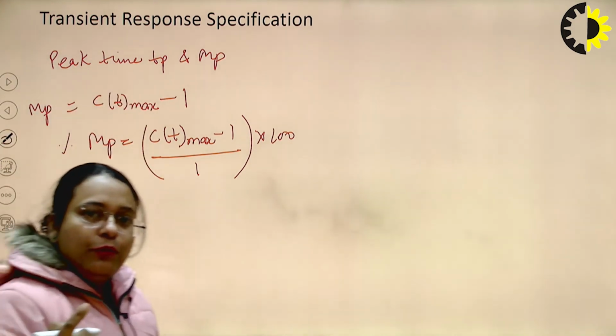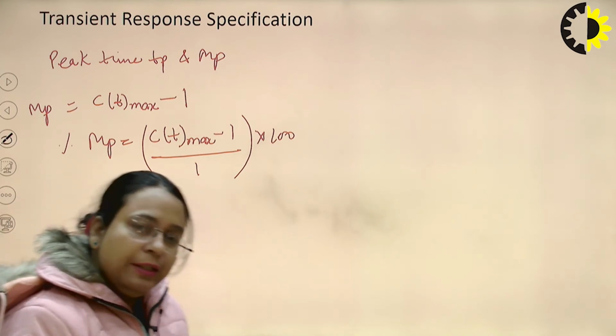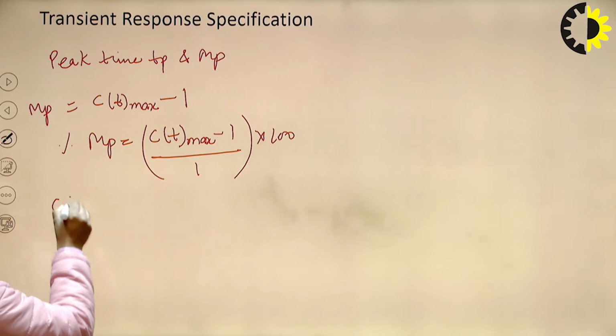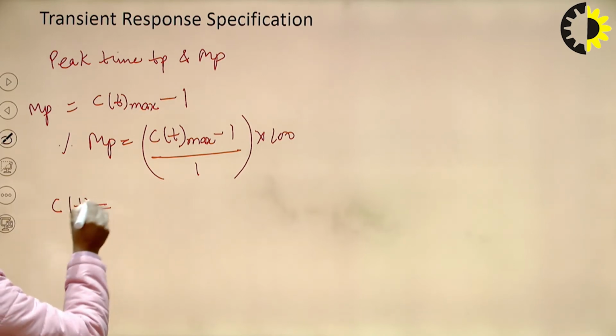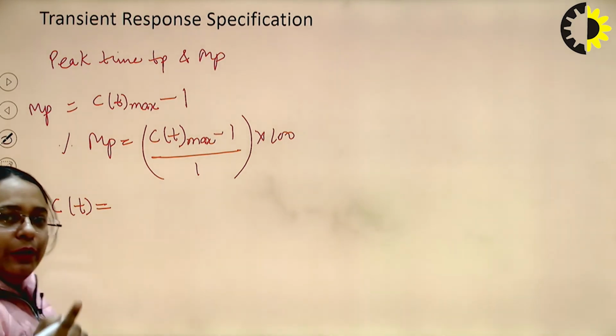So first we'll do the derivation for the peak time, right? Peak time can be calculated from the expression C(t), differentiating C(t) and equating it to 0.